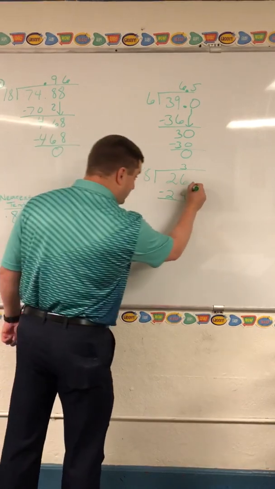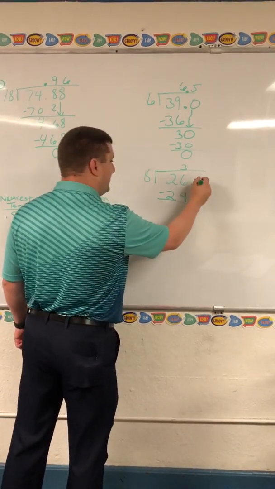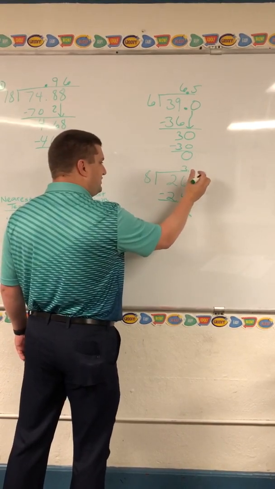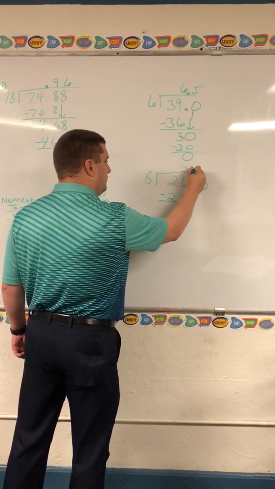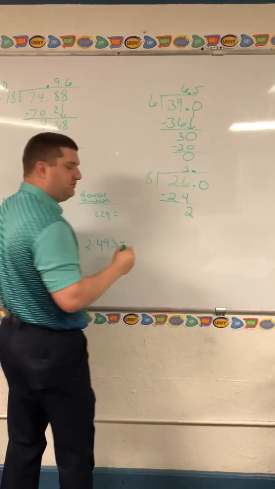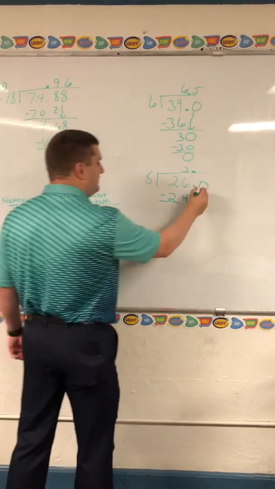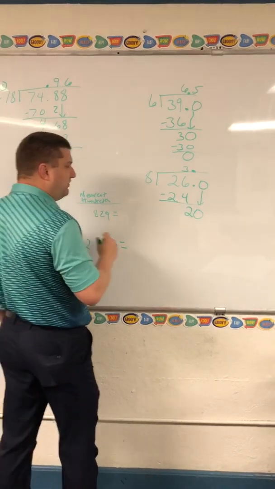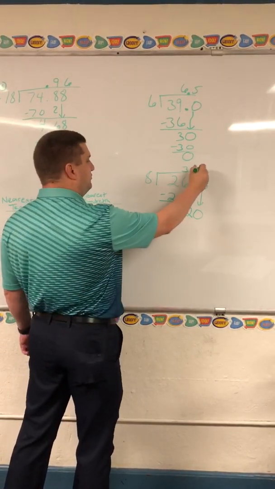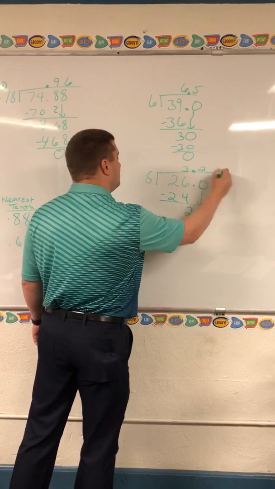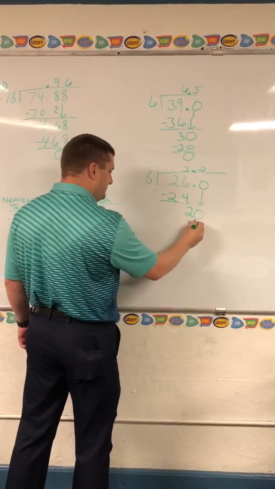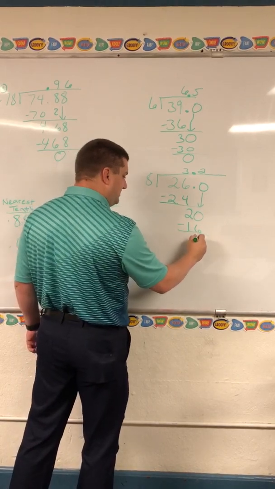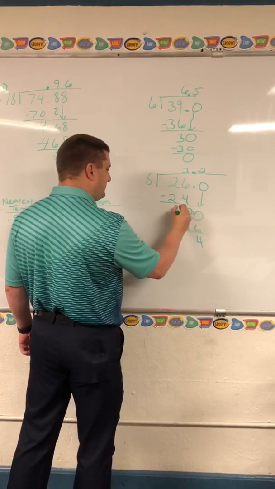Now you add your decimal and a 0. What I would do, I would just go ahead now in my quotient, just put the decimal directly above the decimal in the dividend. Okay? Now bring down your 0. Okay? 8 into 20, we know, goes 2 times. 2 times 8 equals 16. 20 minus 16 equals 4.